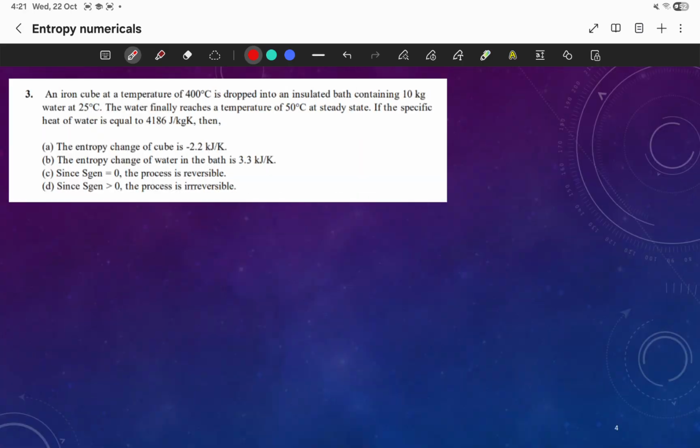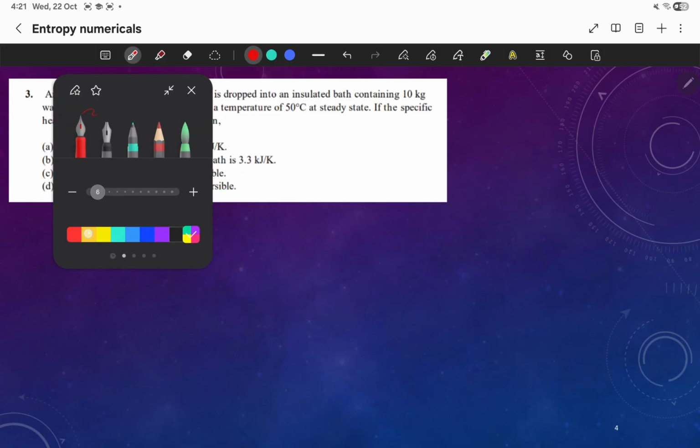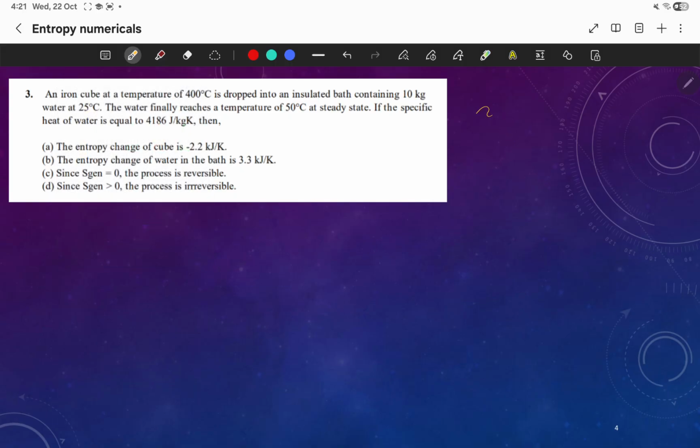Question number 3. An iron cube at temperature of 400 degrees Celsius is dropped into an insulated bath. So here we have a bath full of water, and it is having one iron block, one iron cube.